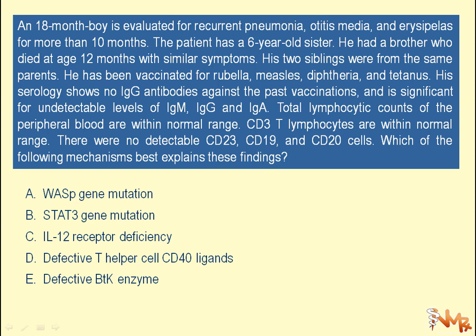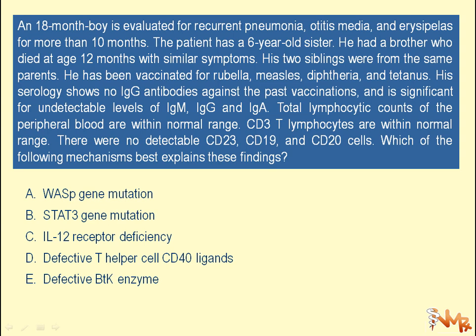There are no detectable CD23, CD19, and CD20 cells. Of course, at this point I want you to identify these important markers and be ready for what types of cells express these proteins. The question that we are about to explore is this: which of the following mechanisms best explains these findings?